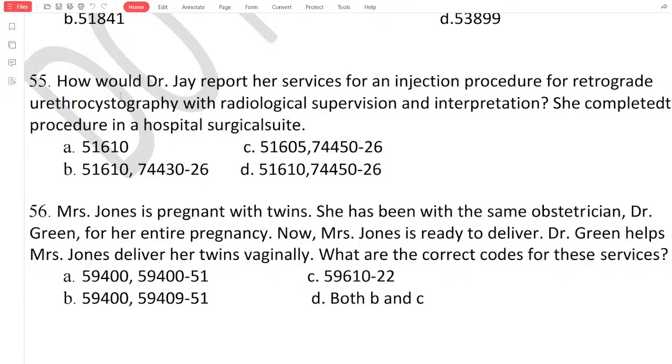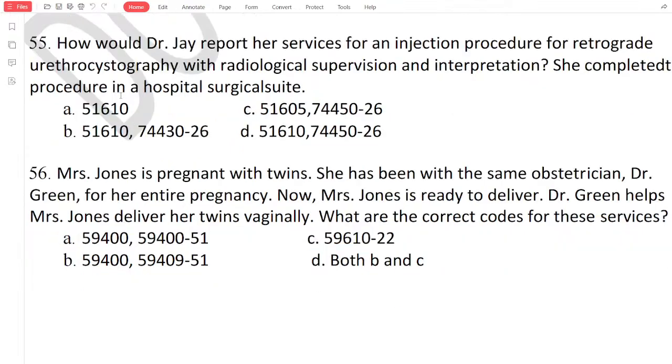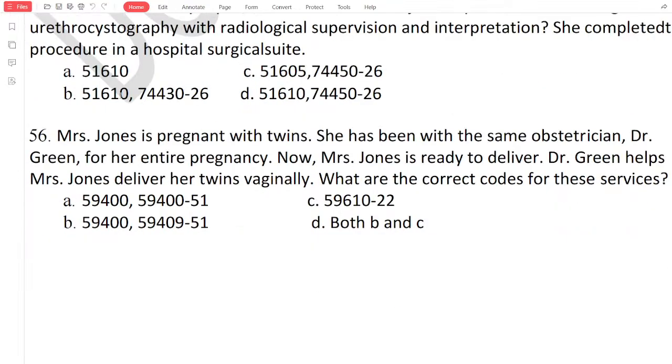Twins, they are delivered vaginally. So, both are vaginal delivery. So, how to code? This is also important.